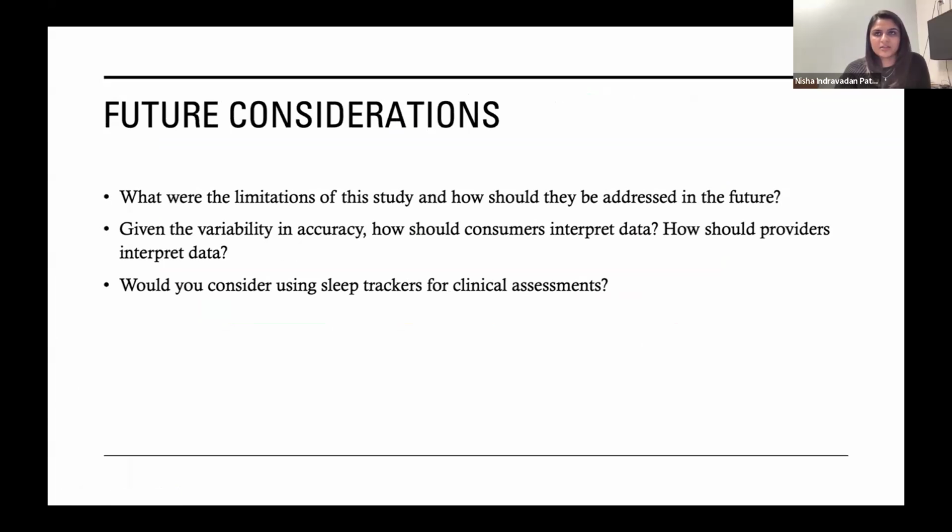And I know a lot of these devices, when they come out with new technology and new algorithms, like Dr. Goldstein said, they test it on patients that are young and healthy because they want to show that these devices are working. But it would be interesting to see if we were to put these devices on someone that has OSA or severe OSA and see what happens, and if these data points are still accurate.